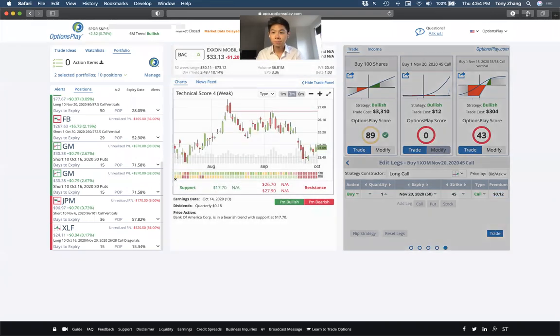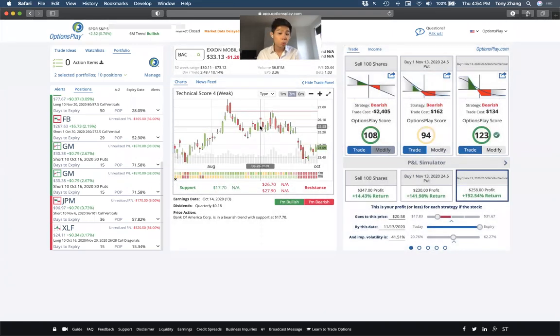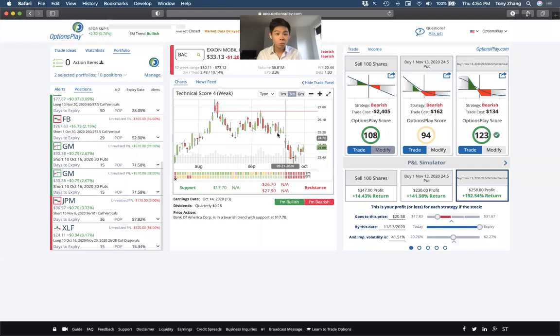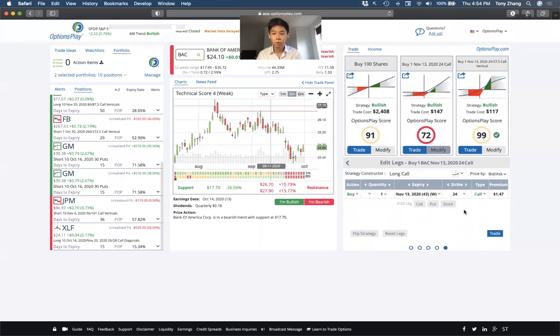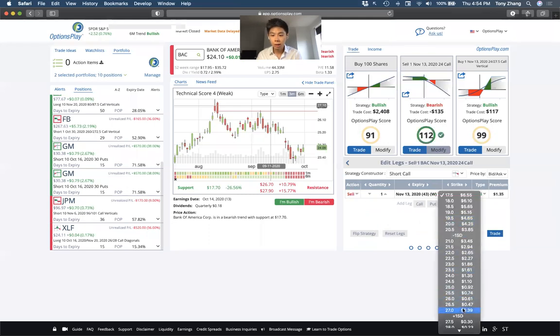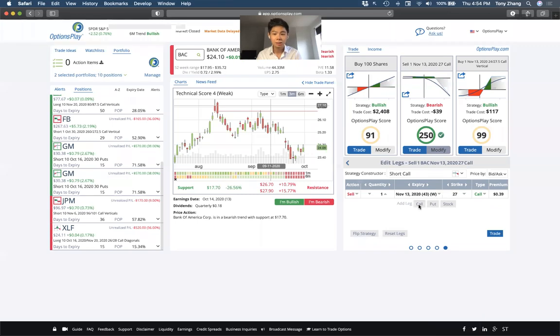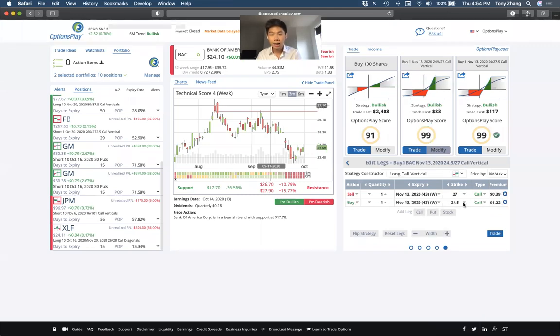Bank of America. Alex owns Bank of America at 27, currently trading at 24. This might be one that we could find. So let's go out to November. If we sell a 27 call option, that'll bring in 39 cents. That's not a whole lot to buy a, well, we're selling two, and to buy a November 24 and a half, the 24s cost you $1.47.